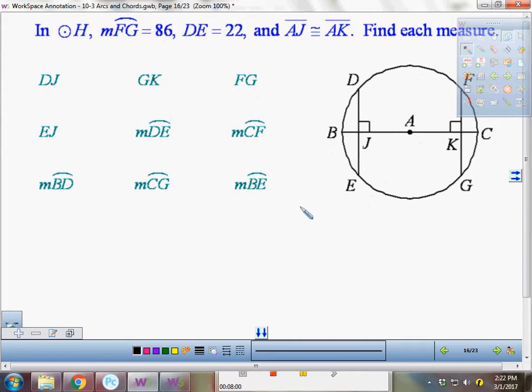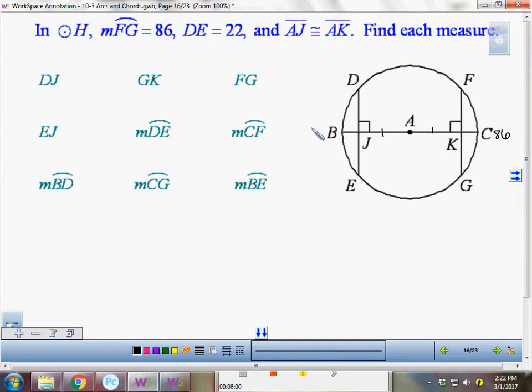All right, circle H. We know that FG is 86. Okay, so this whole thing, 86. And DE, this chord, is 22. And they tell us that AJ is congruent to AK. When those are congruent, it bisects the chord and the arc on either side, and they are equal.